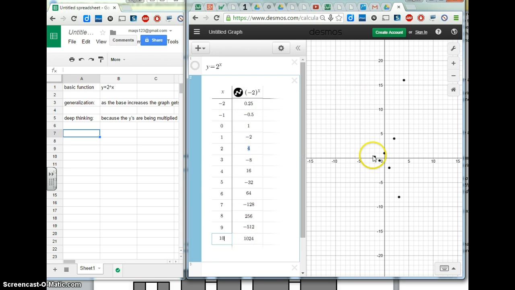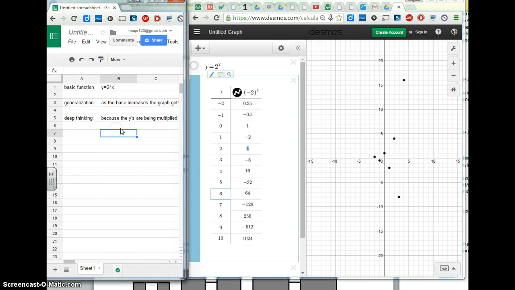They're alternating, so that it goes up, down, positive, negative, positive, negative. So all the ones with odd numbers are negative, and all of the ones with even numbers are positive because they're multiplying back and forth. But it can't actually connect them. They're just dots, okay?